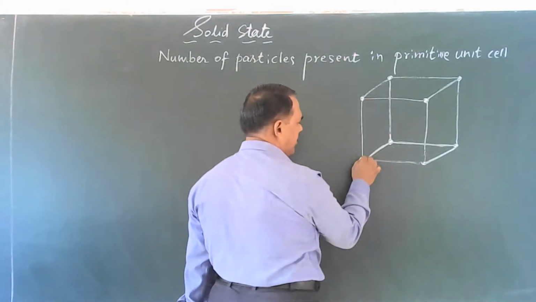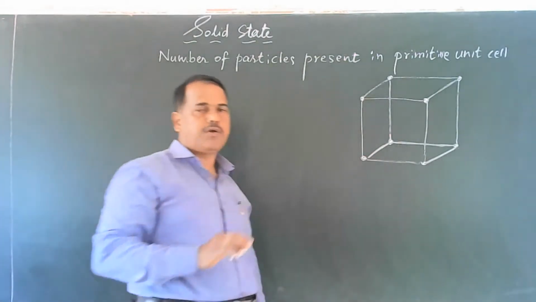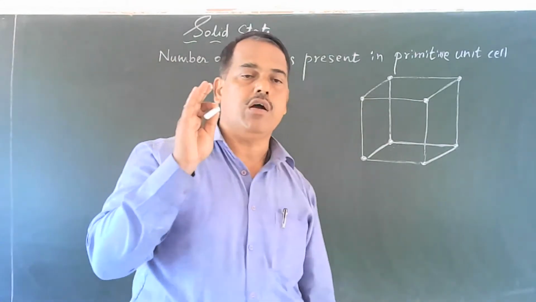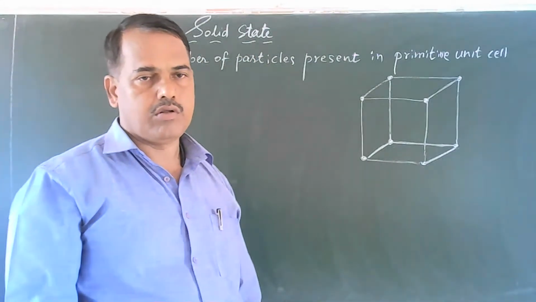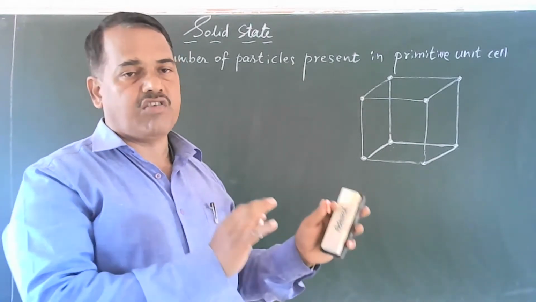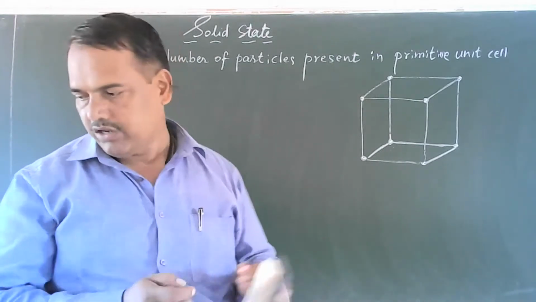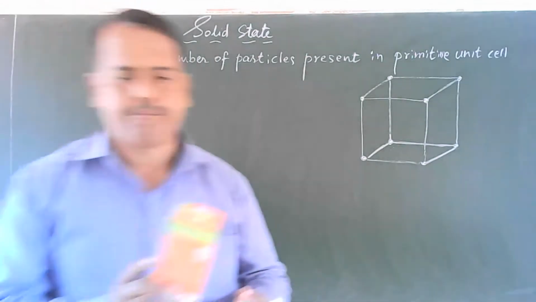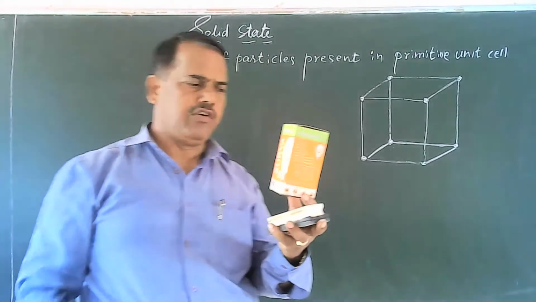See, in a primitive unit cell, the particles are present only at the corners. That you have to remember. How many corners are there? 8 corners.